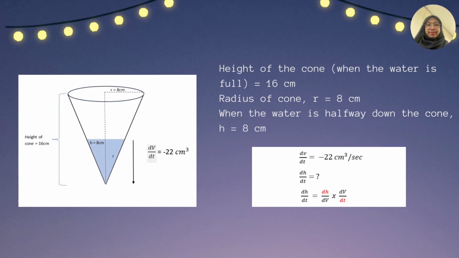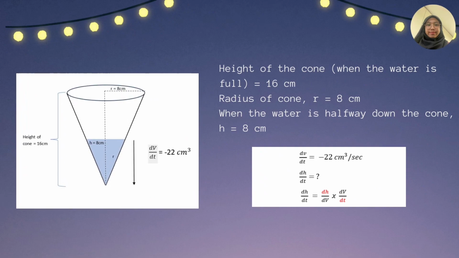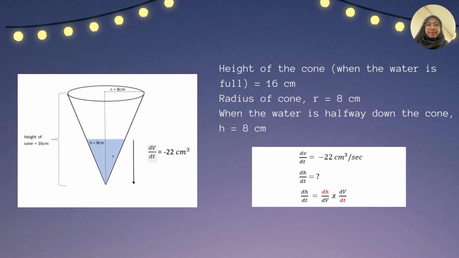I will determine the information based on the problem statement. Now we have height of the cone, which is 16 cm, and the radius is 8 cm. When the water is halfway down the cone, the height of the water becomes 8 cm.